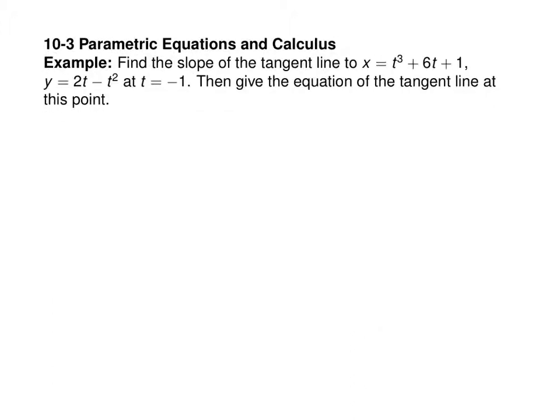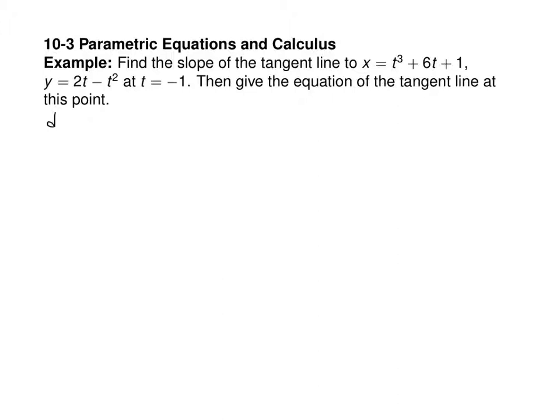Well, the next thing we did was calculus with parametric curves. So we want to find the slope of the tangent line to x equals t cubed plus 6t plus 1, y equals 2t minus t squared at t equals negative 1, and then give the equation of the tangent line at this point.